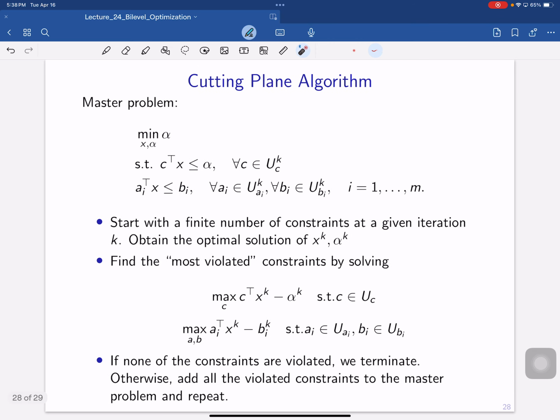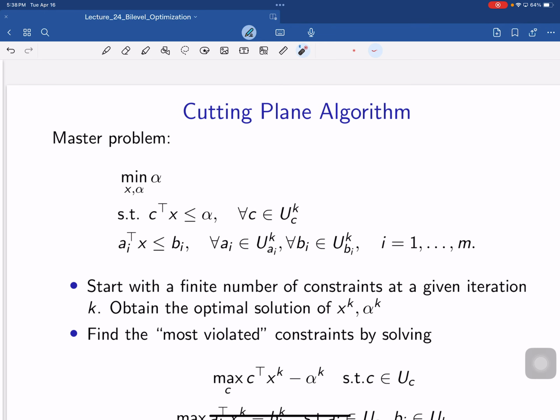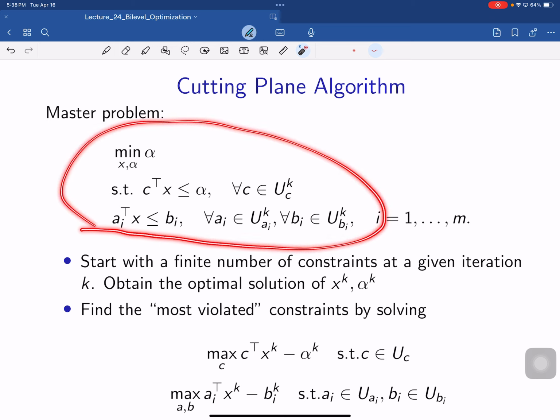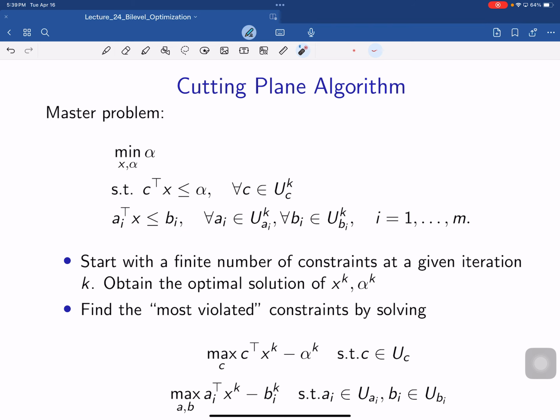We will use a similar idea to the cutting plane method. Let's call this problem the master problem, where we start with a finite number of constraints. You can think about those sets U_C^k, U_A^k, U_B^k as finite sets, rather than continuous sets.